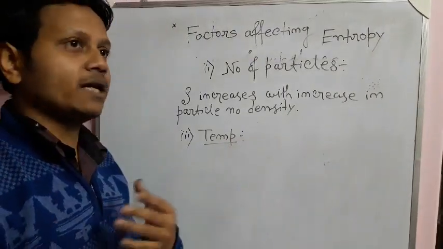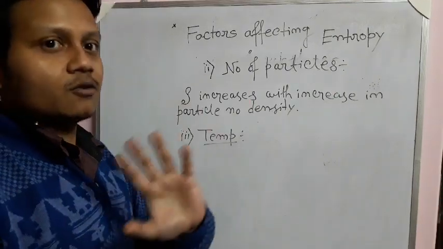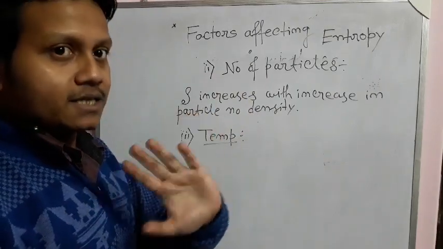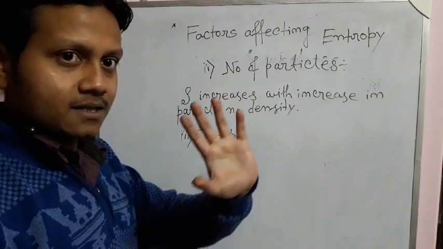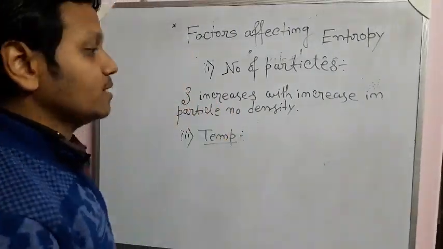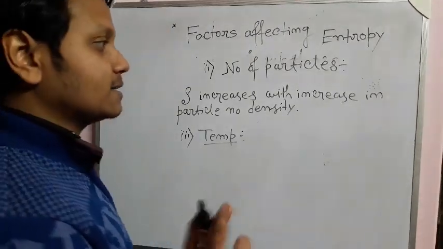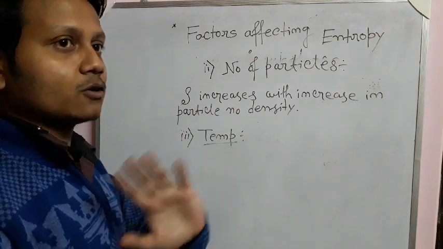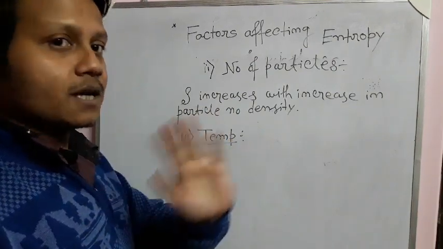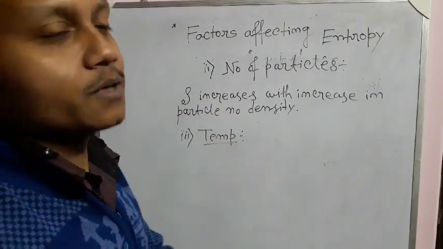We all know that when temperature increases, the vibration of the atoms or molecules becomes large. So if vibration is large, that means chaosness is large, disorder is large, so entropy increases. If we raise the temperature, then the vibration of the atoms or molecules becomes greater, so the chaosness becomes greater and the entropy is larger.